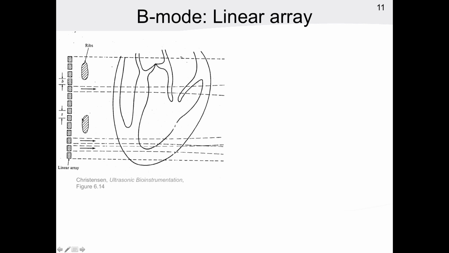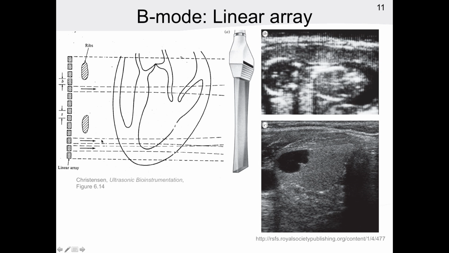First of all, if there are obstructions in the beam path, such as the ribs, which would reflect almost all of the ultrasound, the smaller elements allow you still to get penetration into the tissue in the gaps between the ribs. Additionally, by having all of these elements lined up, we can quickly get a large beam profile, shown here.